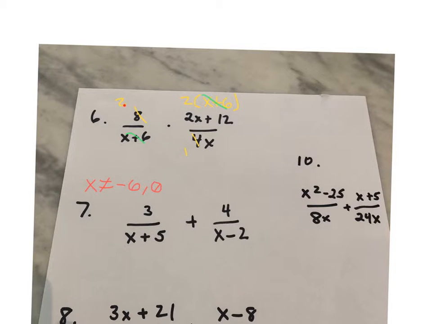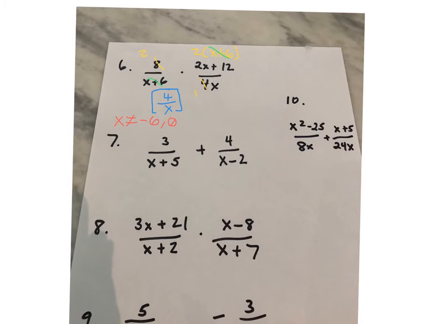We already did the cross cancellations, which is great. So we have 2 times 2, which is 4, so that's going to be a 4 up there. Then this turned into a 1, and you have 1x, so you just have an x down below. So that should work. All right, that was problem number 6.